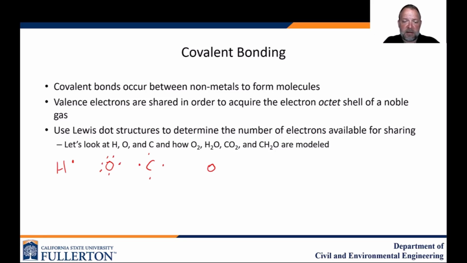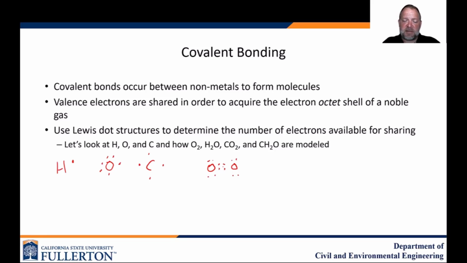If we want to make oxygen, O2, oxygen is actually a double bond. Each one has 4 electrons that are happy, doing their own thing, but it's missing 2. In a way, you can think of it like one oxygen atom shares 2 electrons, and the other one holds on to them.